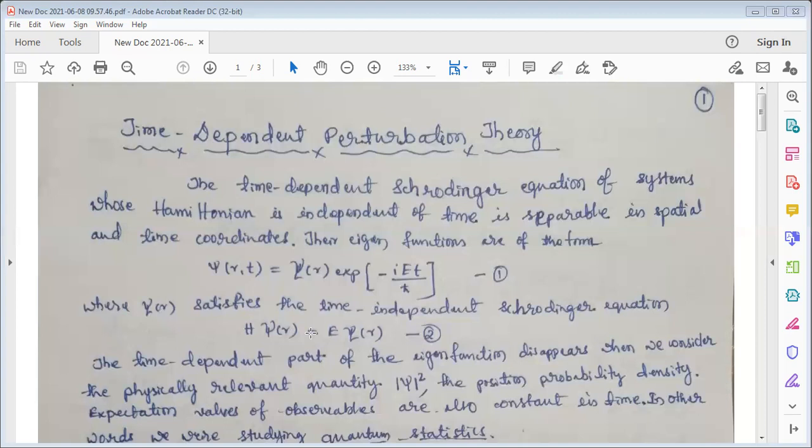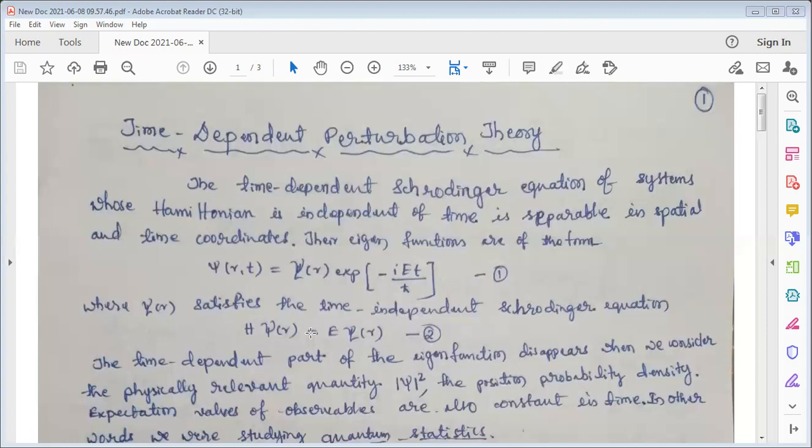And I have also explained how the time independent perturbation theory is further classified into two categories. One is for the non-degenerate case, another one is for the degenerate case. In the non-degenerate case, different eigenfunctions will have different eigenvalues.